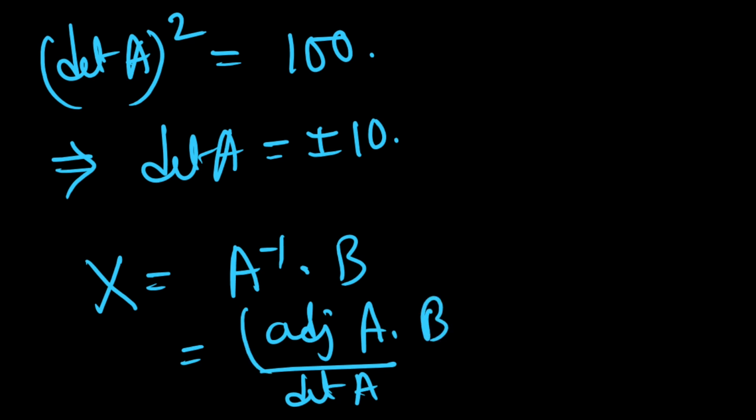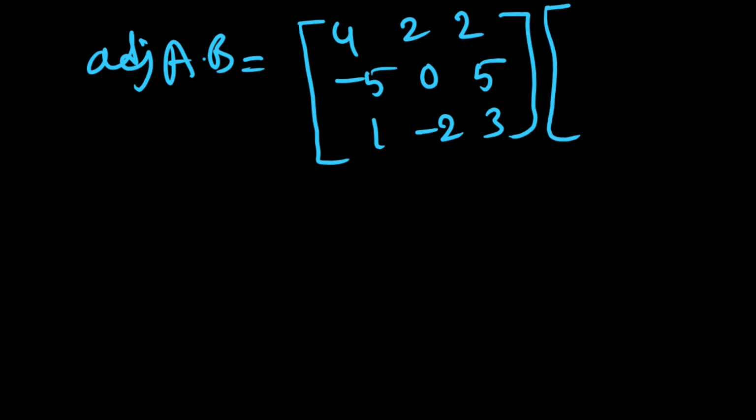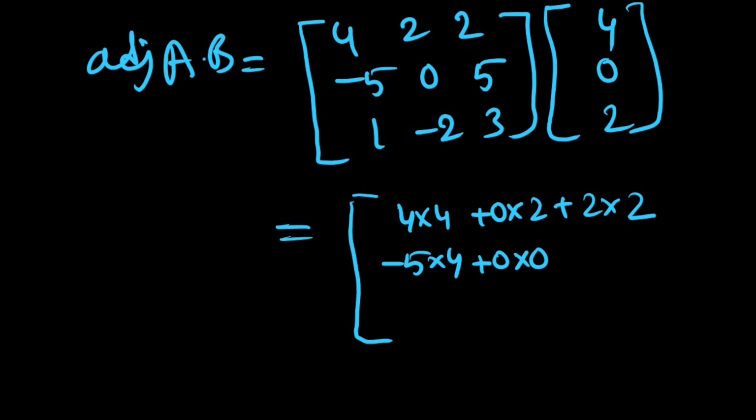Now we first find the adjoint of A multiplied by the B matrix. That is the matrix 4 2 2, minus 5 0 5, 1 minus 2 3, multiplied by the matrix 4 0 2. If we multiply, we get 4 times 4 plus 0 into 2 plus 2 into 2, then minus 5 into 4 plus 0 plus 5 into 2, then 1 into 4 minus 2 into 0 plus 3 into 2.